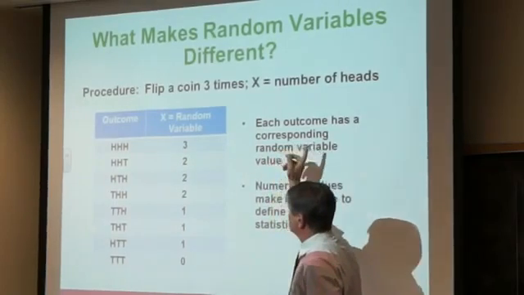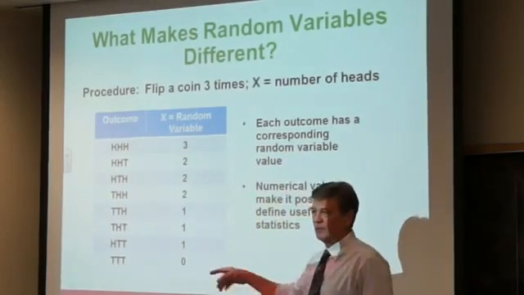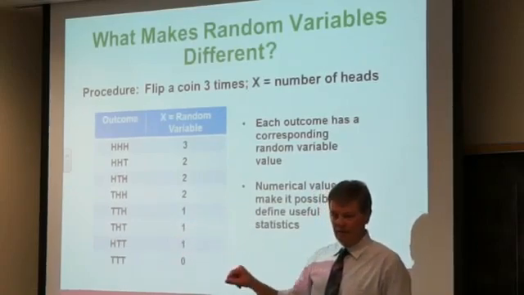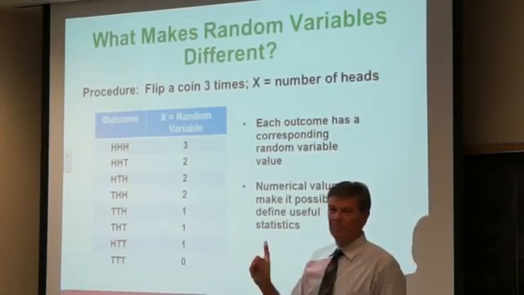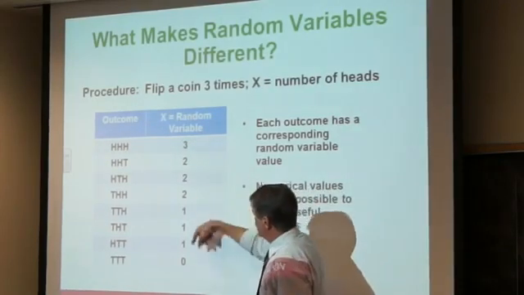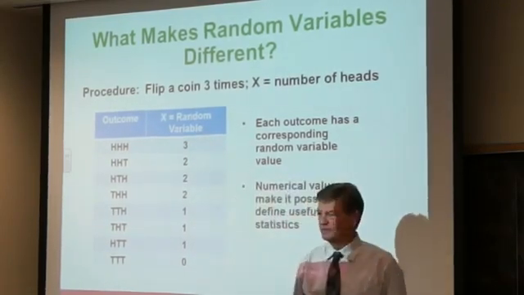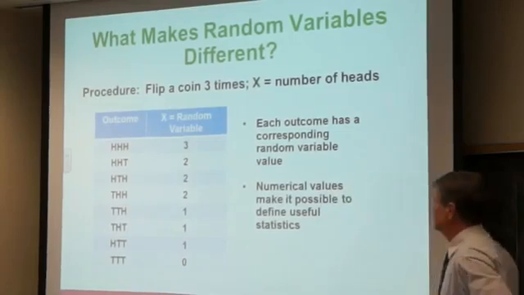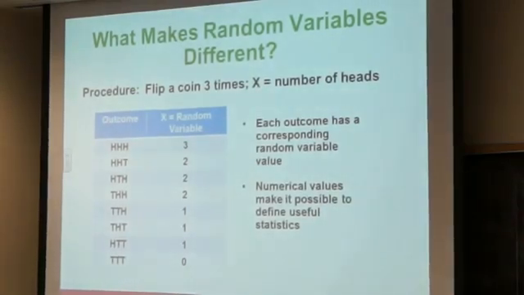I'm interested in just the number of heads. I don't care about what order they came in. X is my random variable, the number of heads in 3 tosses, and it can be 0 through 3. And those numerical values are going to be useful now because I can do things with those and calculate statistics that I can't if I just had a string of 3 letters.